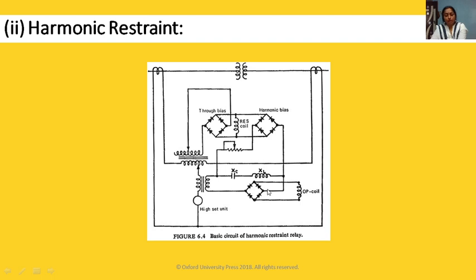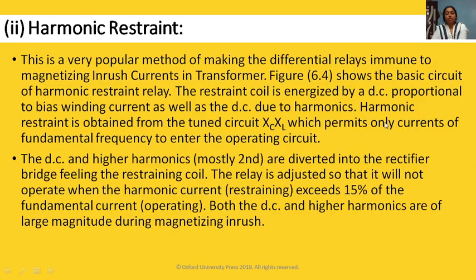So whatever harmonics are present are given through these harmonic wires, and the fault current is also given to this restraining coil. Only the fundamental component is given to the operating coil. We are using an instantaneous relay. The DC and higher harmonics are diverted into the rectifier bridge, feeding the restraining coil.